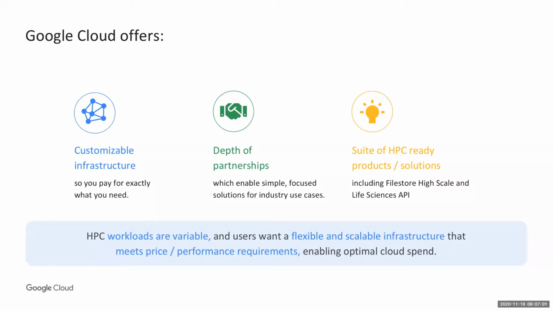So when you look at HPC workloads, traditionally they're very variable. This notion of a square peg and round hole doesn't necessarily have to apply when you look at the cloud. So when you look at your infrastructure, something like Google Cloud can allow you to customize the resources that you use within your cluster.